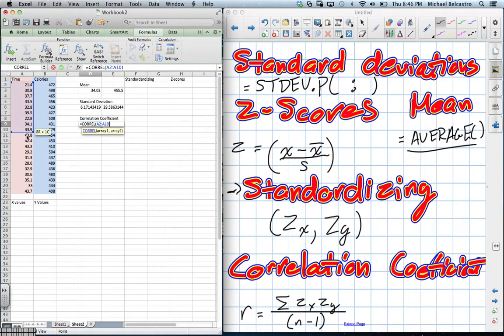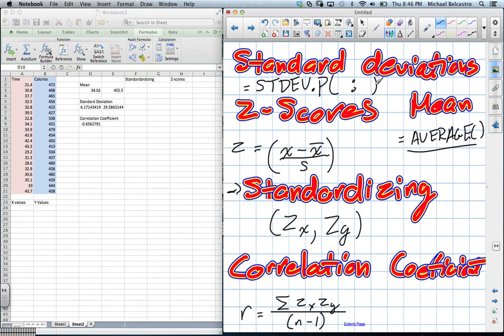So we take the array of our x values and the array of our y values, and we get a negative 0.656. Okay? You okay with that? Mm-hmm. Yeah? Okay. So, in other words, correlation coefficient can all be written as one thing. We put equals CORREL, and we just put our values in, and it's going to give us our correlation coefficient.